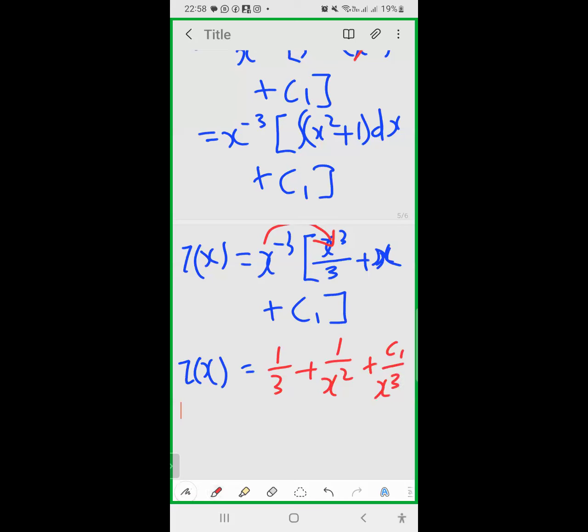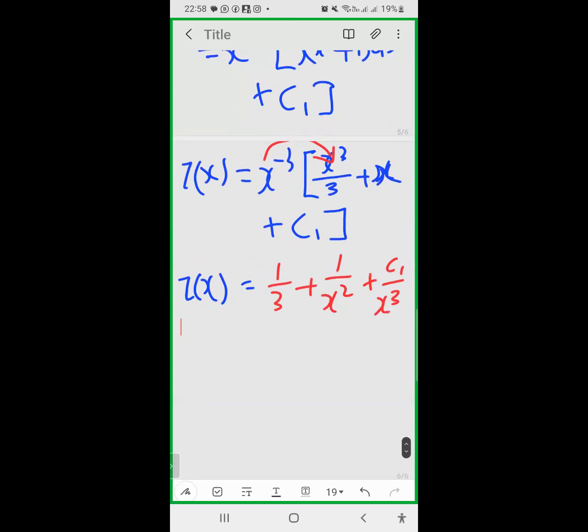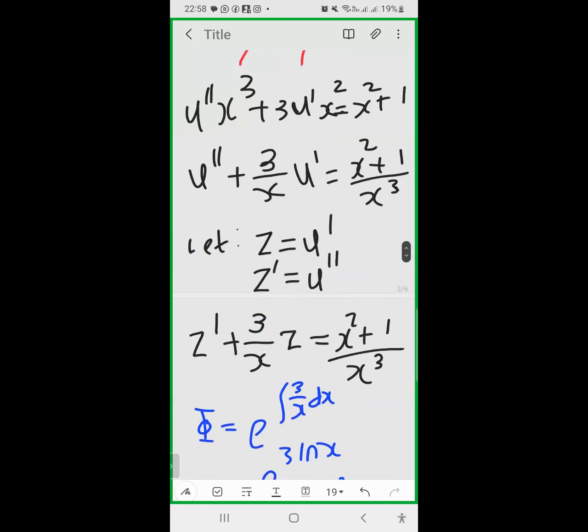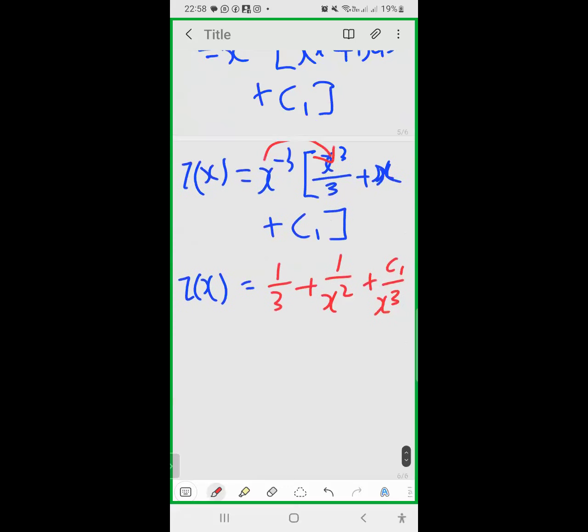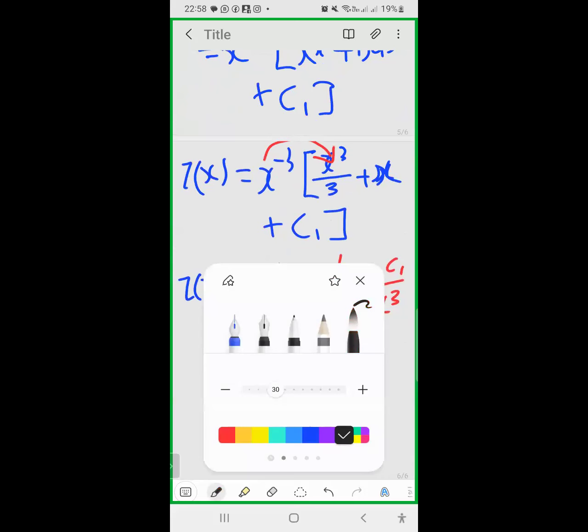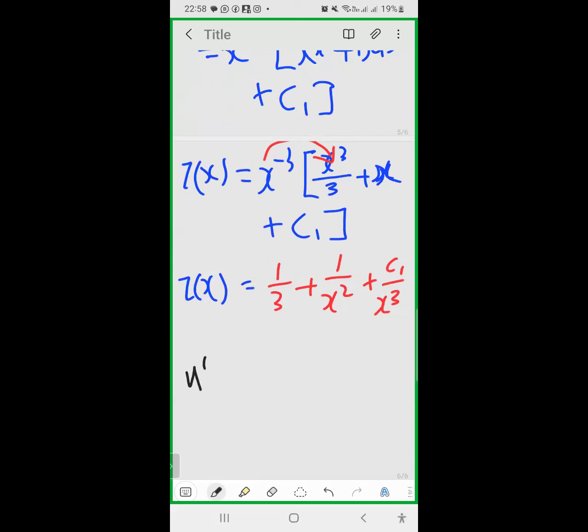Now, since in the beginning we let z be equal to u prime, we can therefore say u prime of x is equal to 1 over x squared plus c1 over x cubed plus 1 over 3.